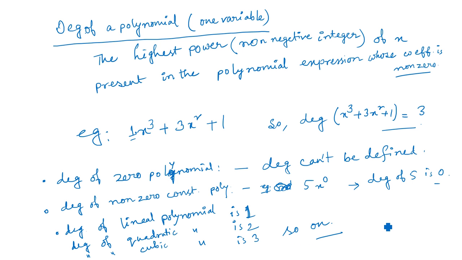So the concept of the degree of a polynomial is clear. Here the first section of the chapter on polynomials ends. All right, thank you.